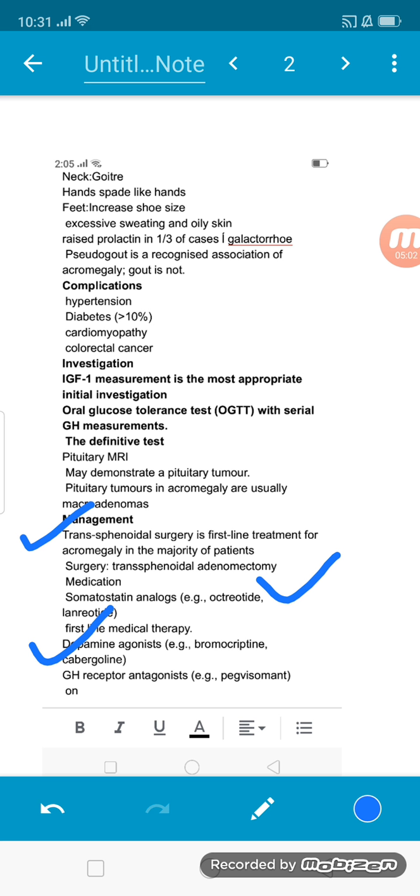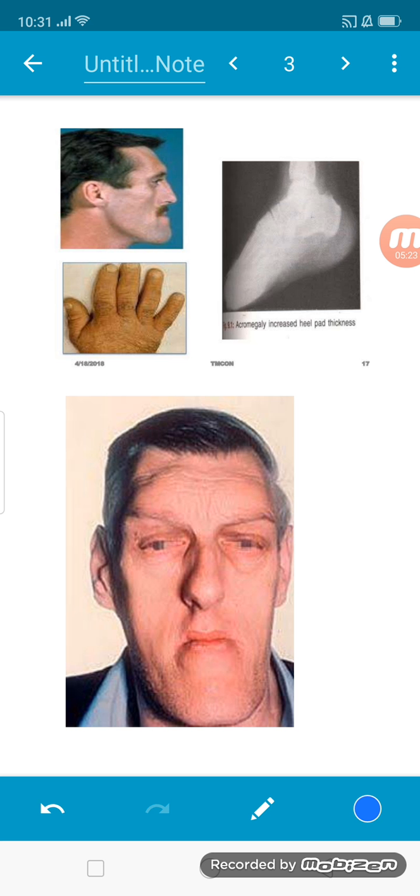The dopamine agonists, bromocriptine and cabergoline, used to be used in the past, but not anymore. Another is the growth hormone receptor antagonist pegvisomant, which was also used, but it is not able to decrease the size of the tumor. So you have to remember surgery when you're talking about the management of acromegaly.